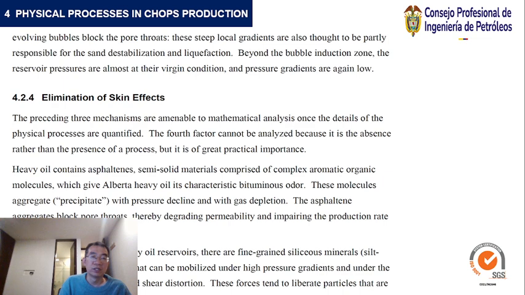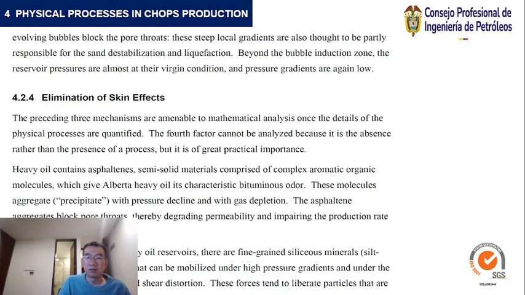Heavy oil contains semi-solid materials comprised of complex organic molecules, which give airborne heavy oil its characteristic odor.